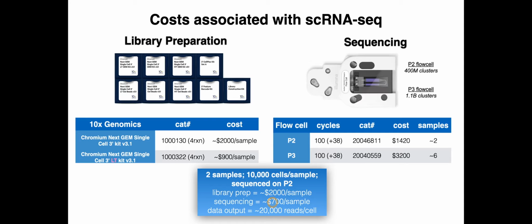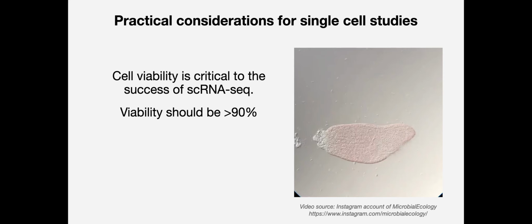Now that cost would come down a bit if you used a P3 flow cell and piled on 5 to 6 or perhaps more samples. Your sequencing cost would come down, but you're still going to be north of $2,000 per sample to carry out single-cell RNA-seq.